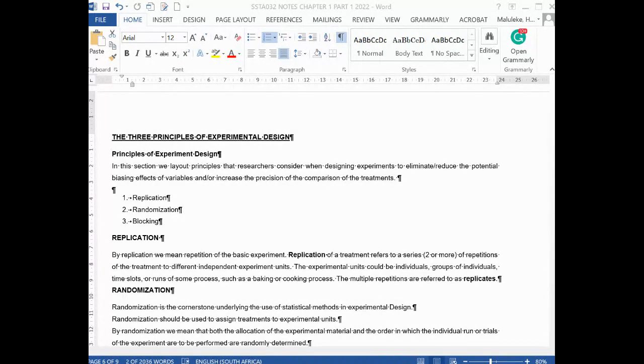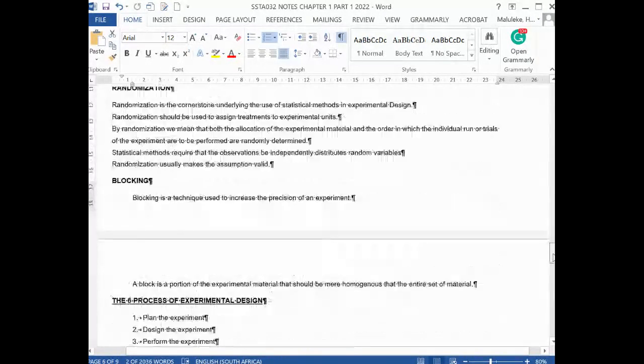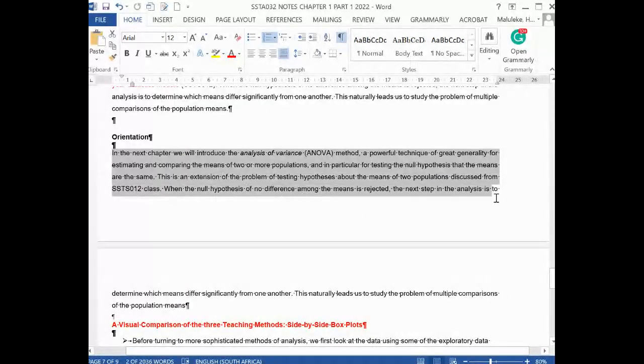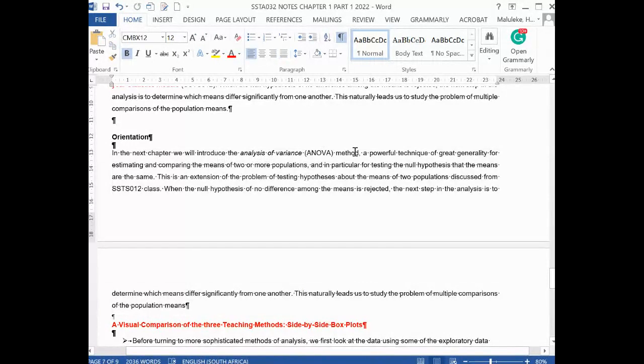So when we apply these two methods, we'll apply them using an ANOVA table. So I decided to add this information here, that in the next chapter, we'll introduce the analysis of variance.